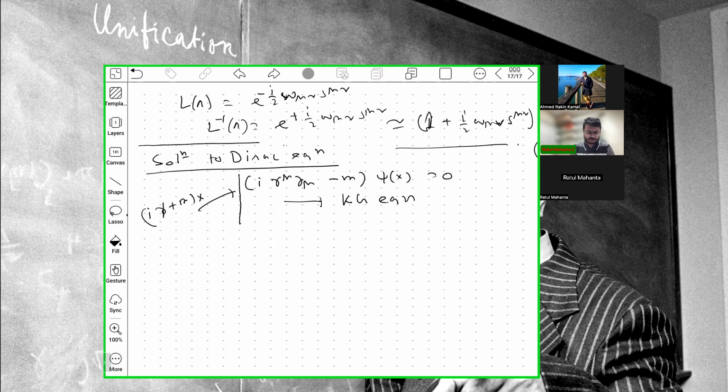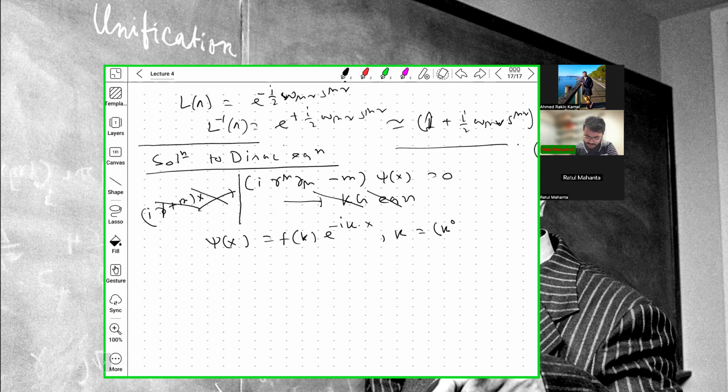So what we will be doing is we will try a plane wave solution, which is e^{ikx}, and k is some (k0, k vector), and we don't know what k0 is. We'll see what it is.